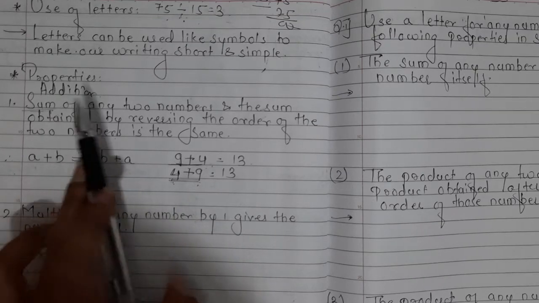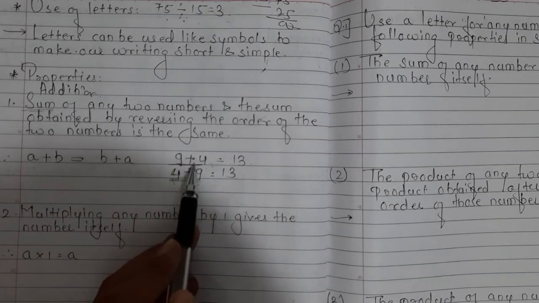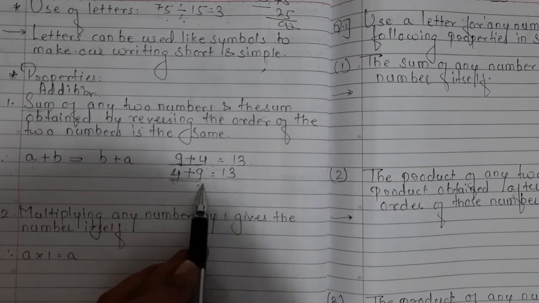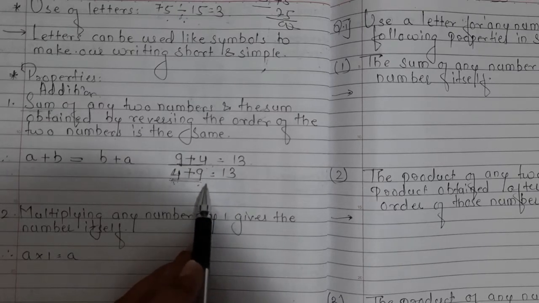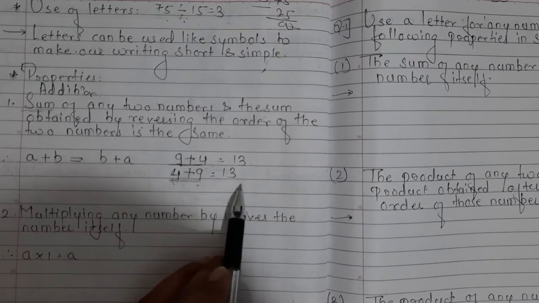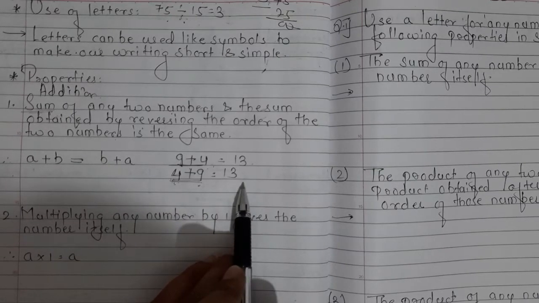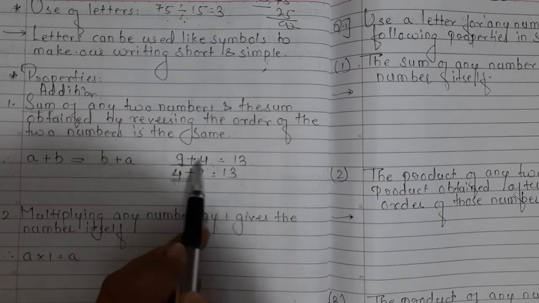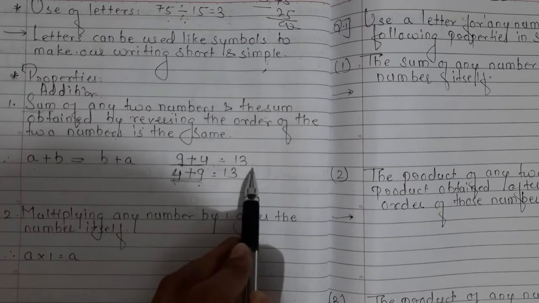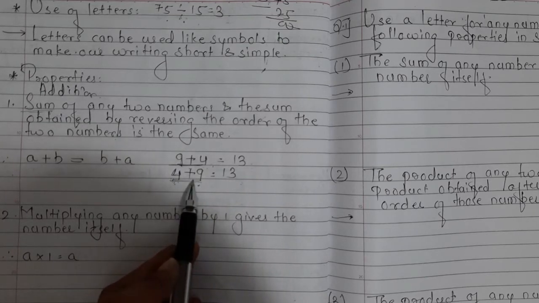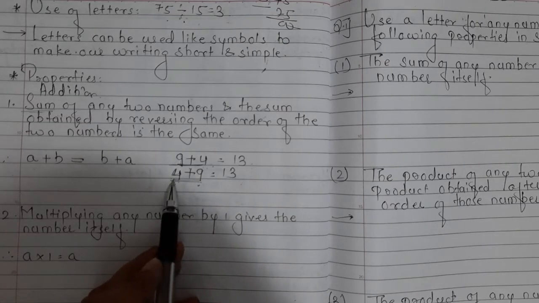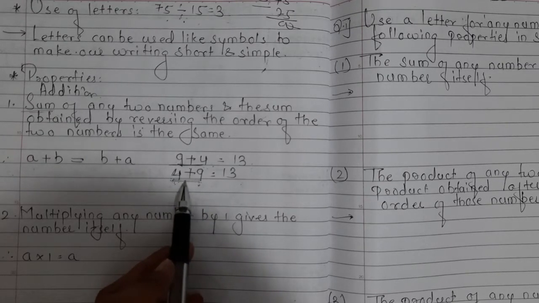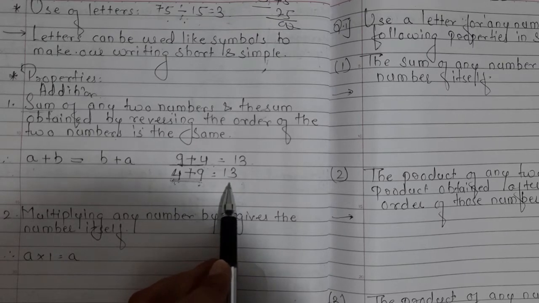So this property says that when we change the order of the two numbers and then we add, we get the same answer. See, sum means addition of numbers 9 and 4 gives me answer 13. Similarly, after reversing the order of numbers 4 and 9, at that time also I get the answer 13.